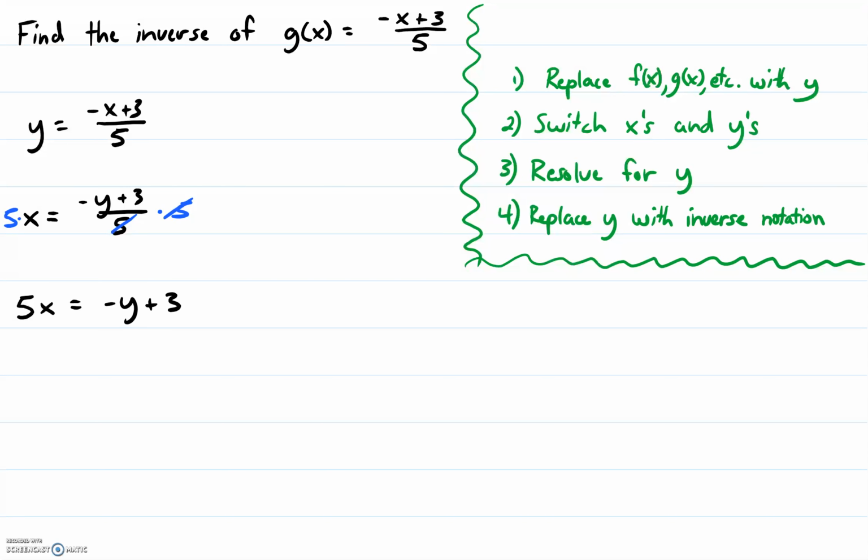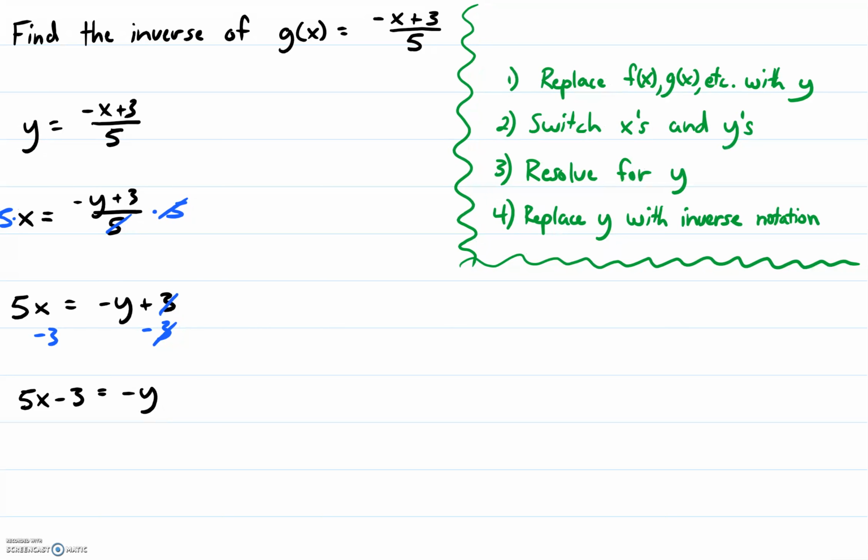Now we need to get the 3 across. We need to move it by subtracting 3 from both sides. So I'm going to subtract 3 there, and that'll cancel our 3 out, leaving us with 5x minus 3 on the left-hand side is equal to negative y. Now we want to get y completely by itself, and currently we have negative y, so we need to multiply both sides of this equation by negative 1.